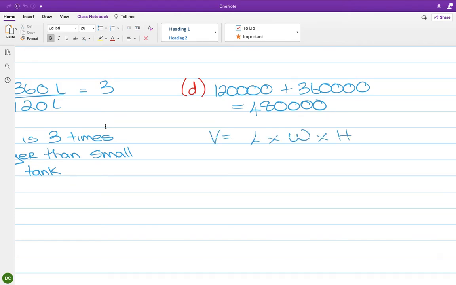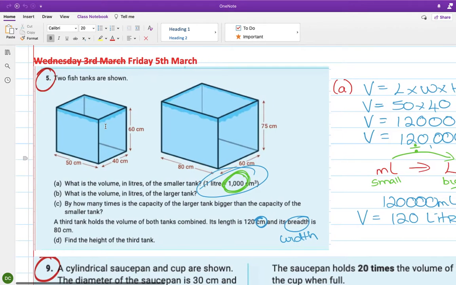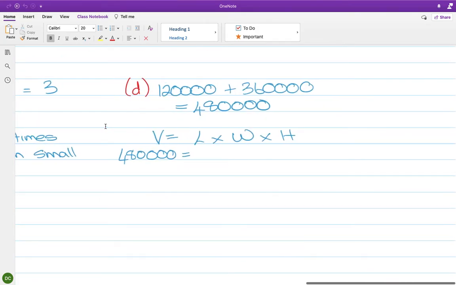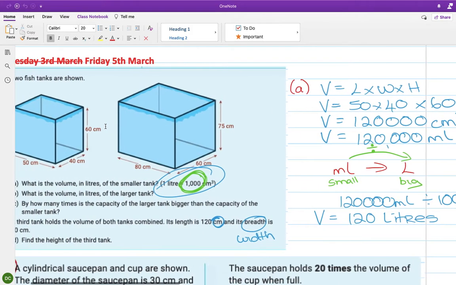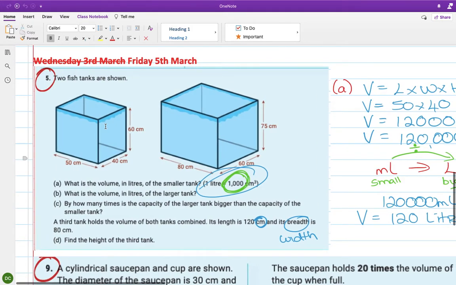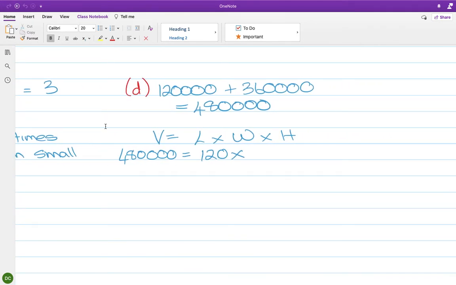We know the volume because it holds 480,000. The length is 120 multiplied by the width or the breadth, which is 80, and then multiplied by the height, which we don't know. Okay, so same as before, we're trying to get the height, so you do what you can. So this is multipliable, so we'll multiply it.